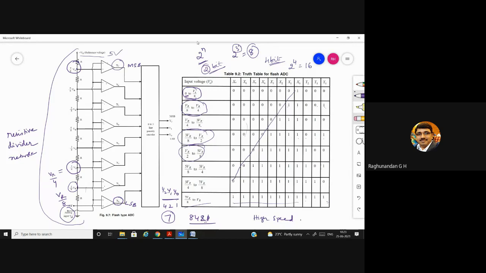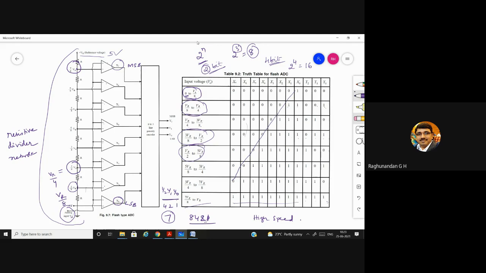They will not ask a 4-bit ADC because a 4-bit ADC is a very big circuit and you cannot finish it in a single sheet. But you should know that idea, maybe in a viva or anywhere, if they ask. After this, the next one is the successive approximation type ADC.